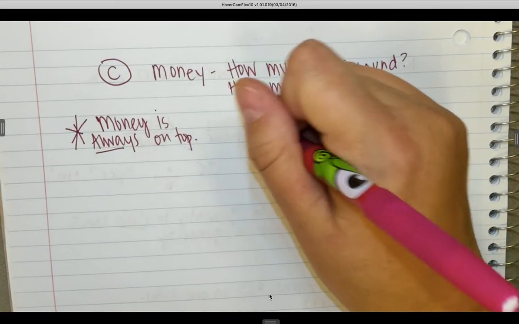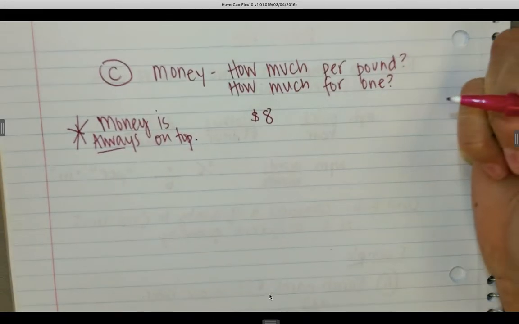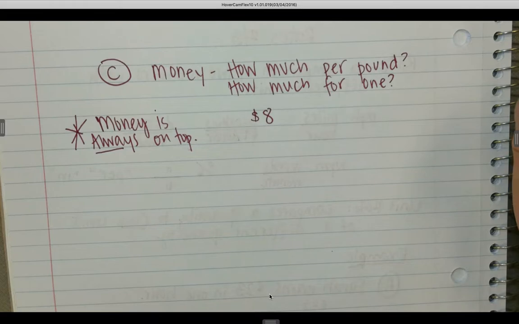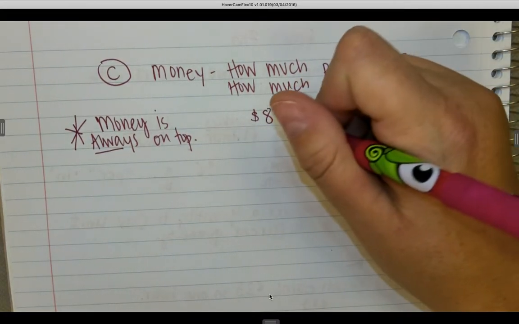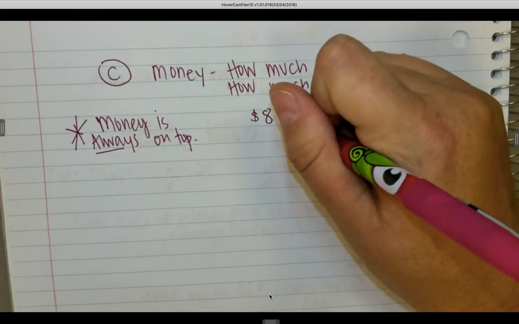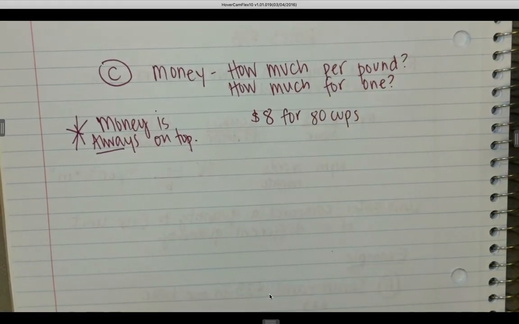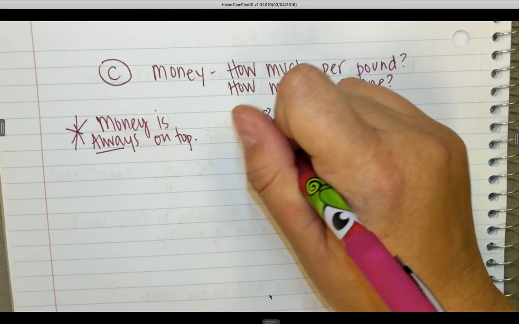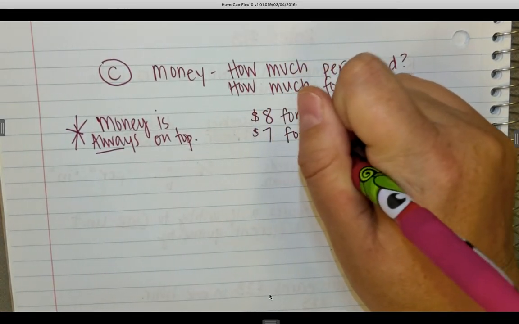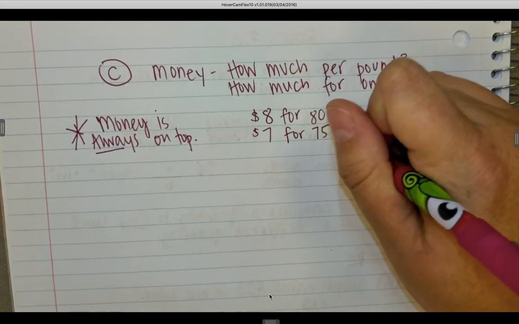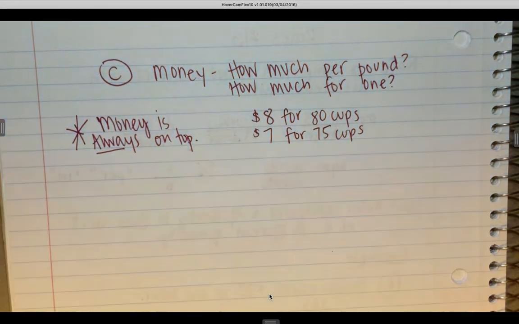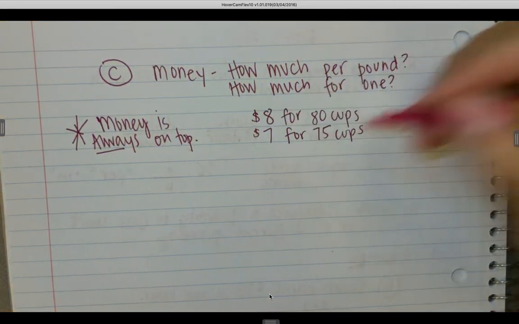So if I say I have 80 cups for $8, I don't know what it is we're buying, or $7 for 75 cups, it's always money first.